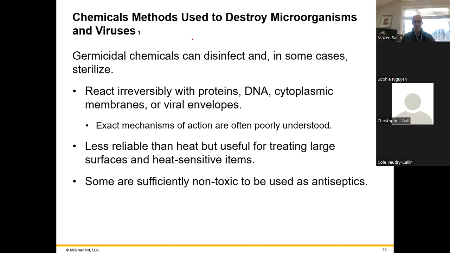And some are quite safe, right? Sufficiently non-toxic to be used as antiseptics. And some are used, in fact, as preservatives. And these are organic acids that we find even in our bodies. Not at the same concentrations, but they are organic acids nonetheless.